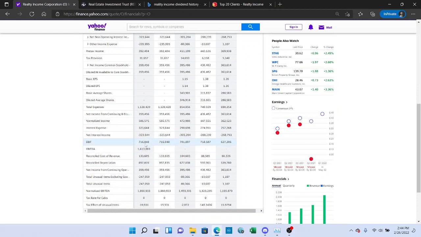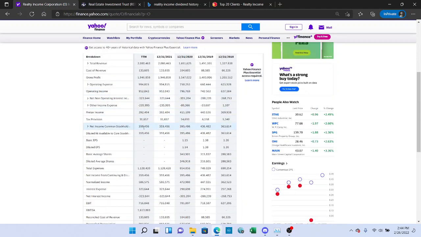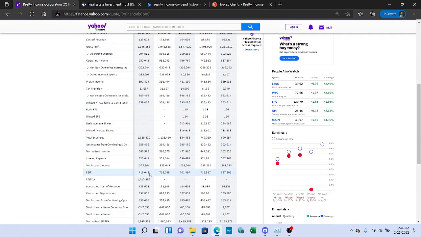So their taxable income is this right here. So they're paying over 100%. But keep in mind, you guys, remember I told you that depreciation is not a cash expense. So this number is actually understated if we're talking about how much they earn. Because this number right here is probably more in line of what they actually earn because we're not including that depreciation or amortization.